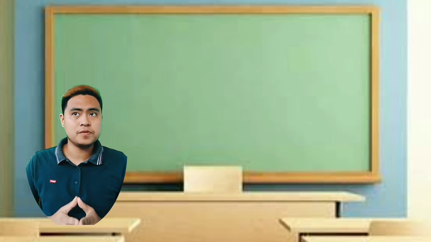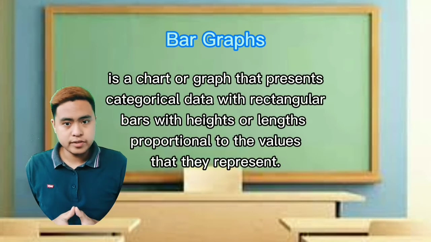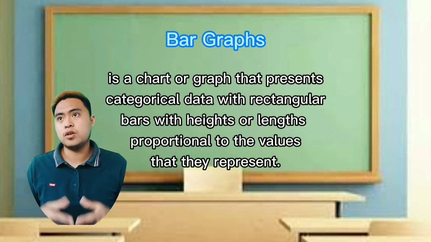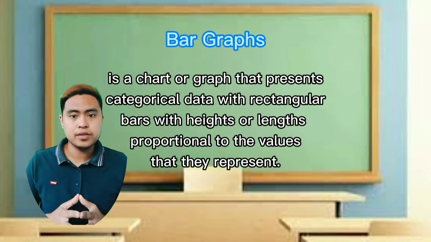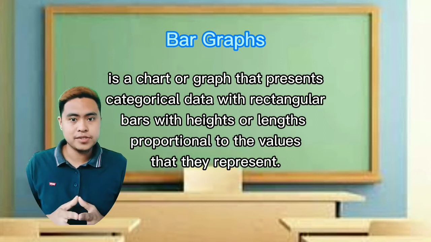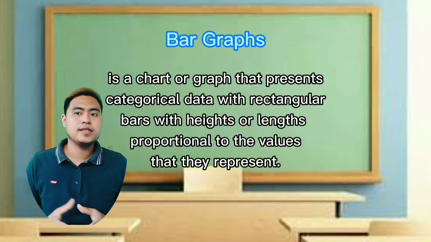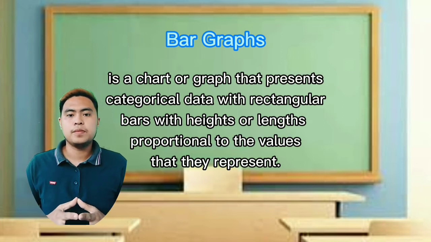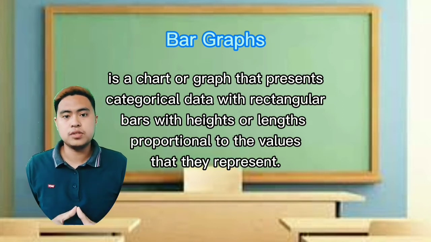Next type of graphs is bar graphs. A bar chart or a bar graph is a chart or graph that represents categorical data with rectangular bars with heights or lengths proportional to the values that they represent. The bars can be plotted vertically or horizontally.